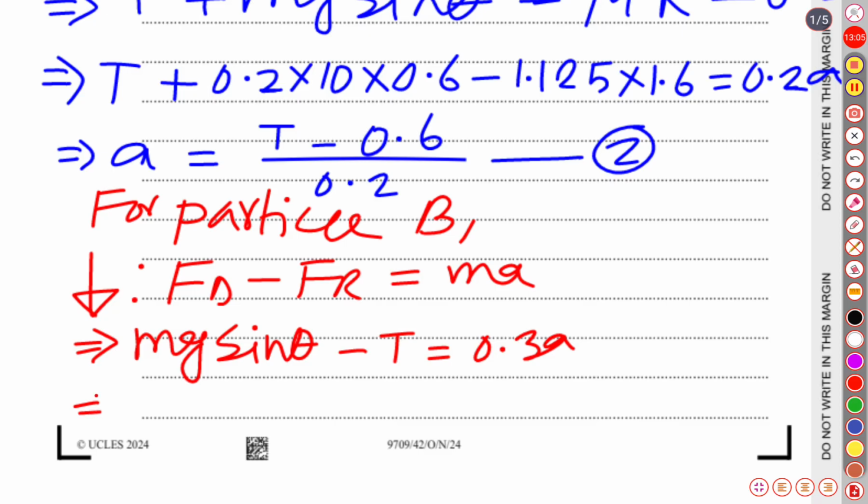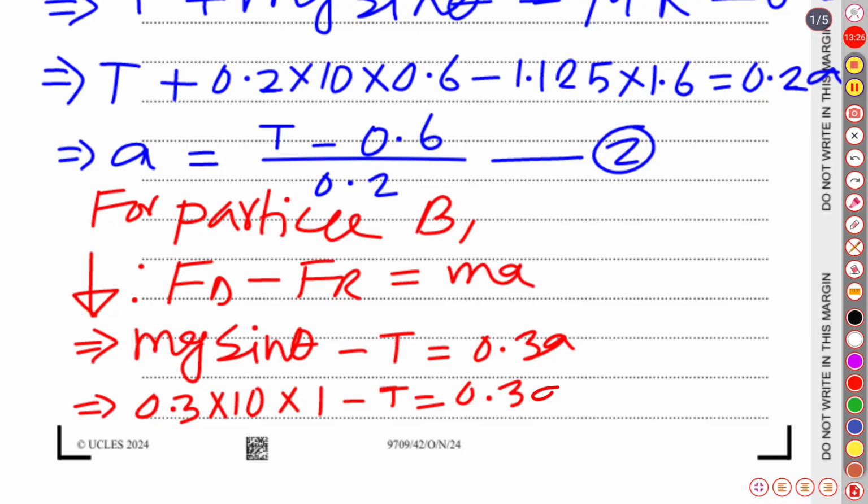If we isolate a, mg, the mass of particle B is 0.3, acceleration due to gravity is 10, and sine theta is actually sine 90 degrees. So sine 90 means 1, you can write here 1, minus t is equal to 0.3a.